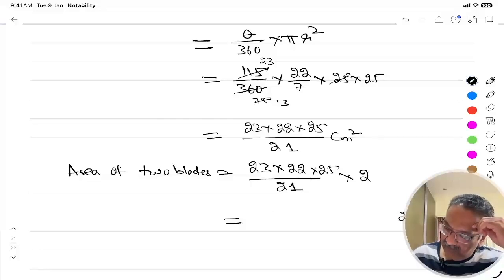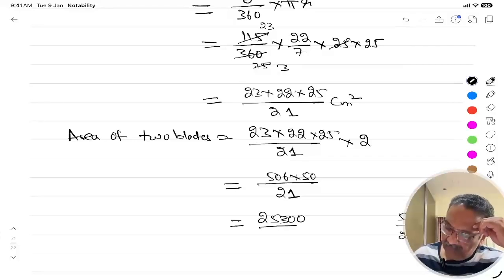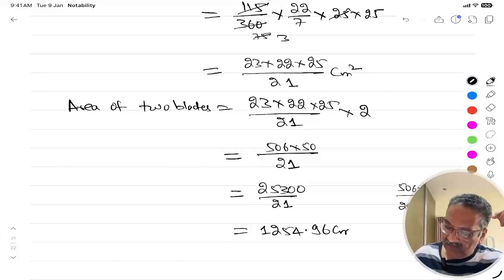23 into 22, 46, so 506 into 50 divided by 21, equal to 25300 by 21, which comes to about 1254.96 centimeters square.